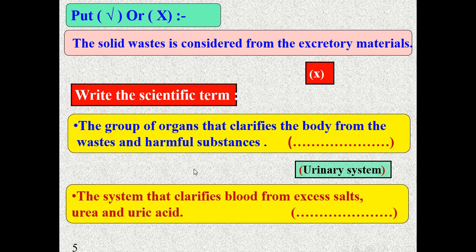The urinary system is the system that clarifies blood from excess salt, urea, and uric acid. So the urinary system will help the body to get rid of wastes and harmful substances, to get rid of excess salt, urea, and uric acid.